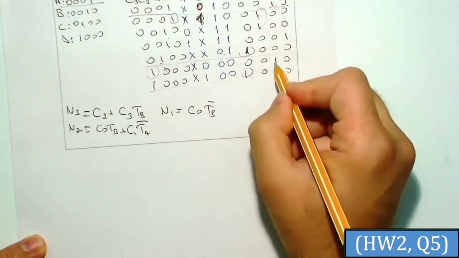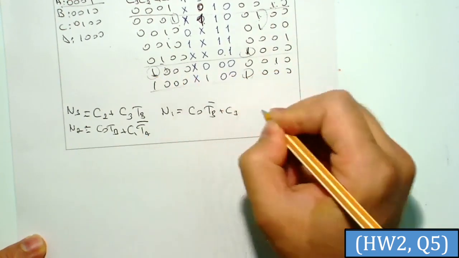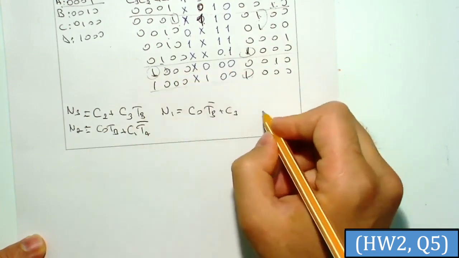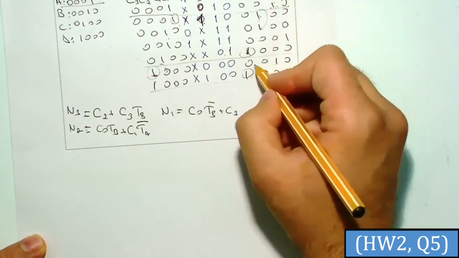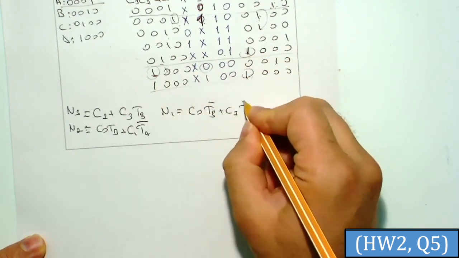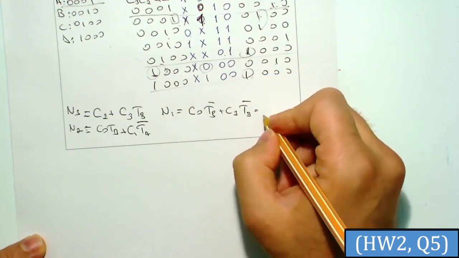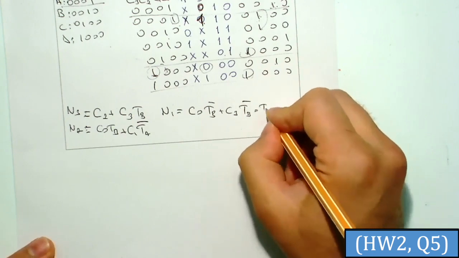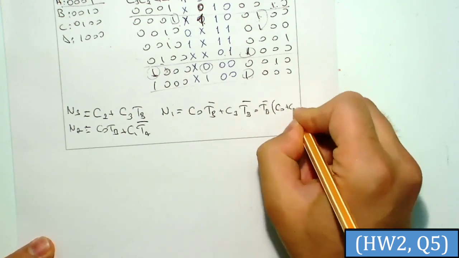And for that one, I have C3 as 1, and also we have TB 0. Right. So this should be simplified as, if I'm correct, TB not and C0 or C3, right?